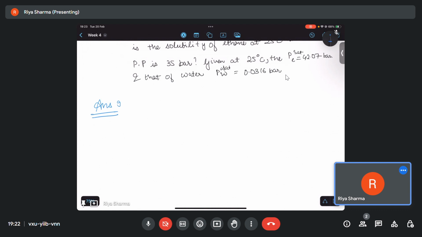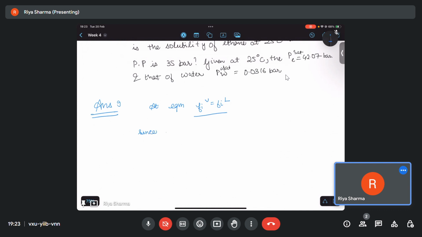Right. So at equilibrium, what happens if your fugacity coefficient is equal?